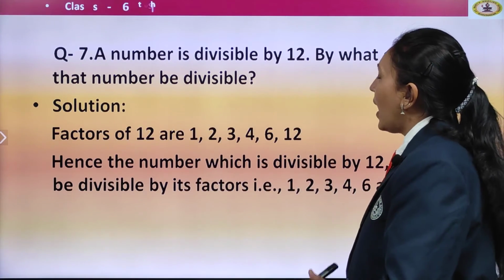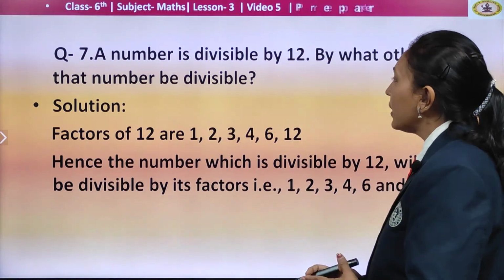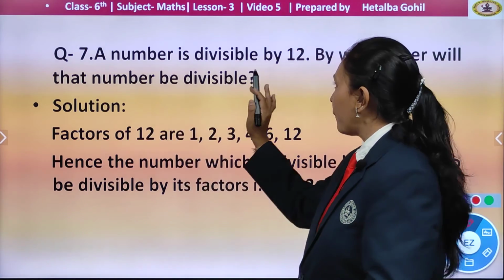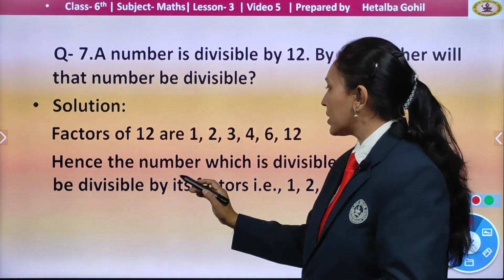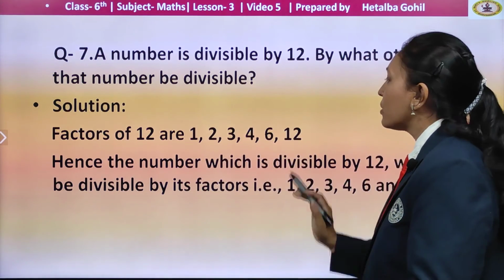Question 7. A number is divisible by 12. By what other numbers will that number be divisible? Here, let us first find the factors of 12, and go step by step. The factors of 12 are 1, 2, 3, 4, 6 and 12.